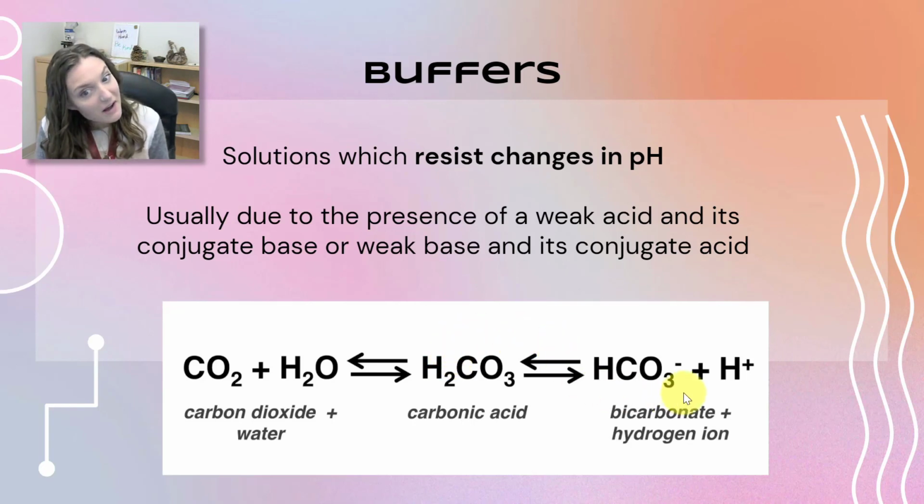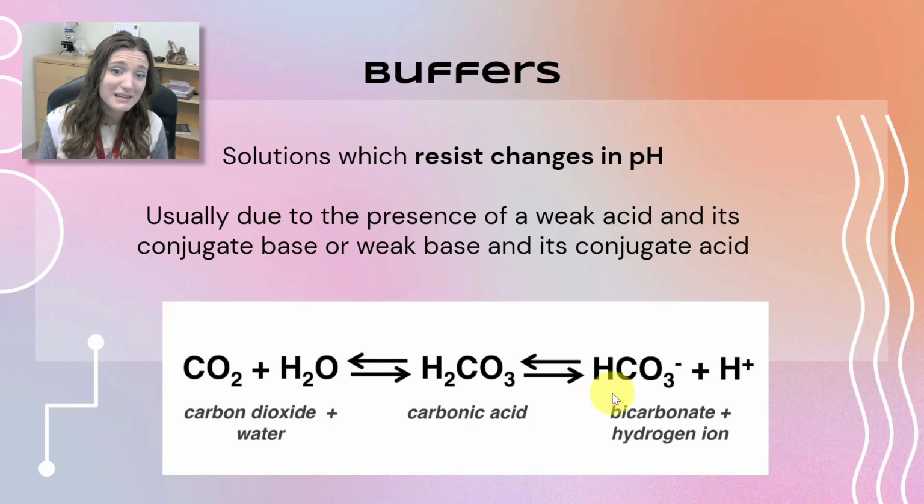But because we also have this bicarbonate ion right here, this HCO3 minus, this usually minimizes the effect of any increase of carbon dioxide. See these double arrows? This basically means that these equations can go either way.